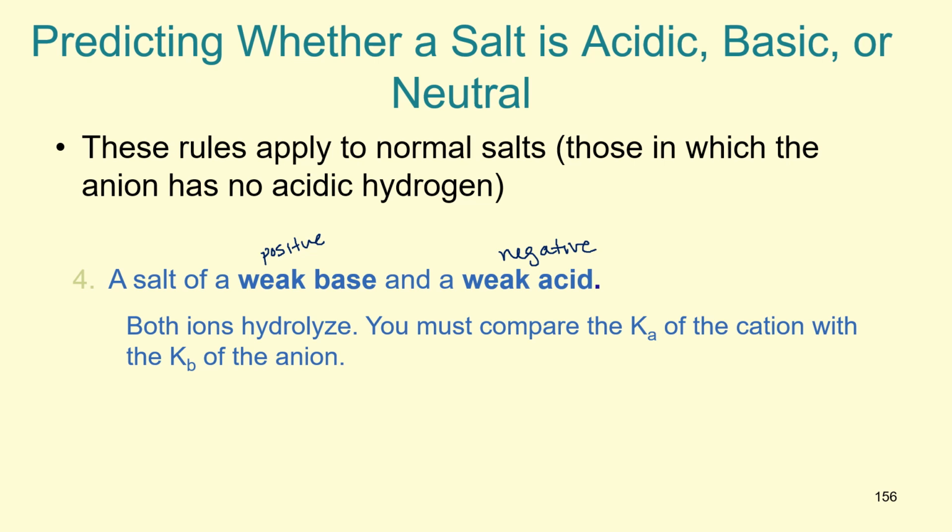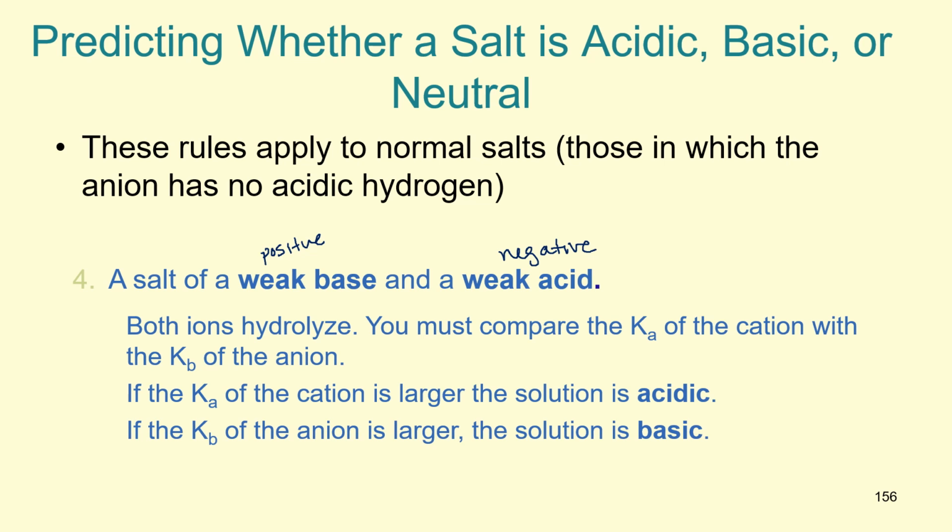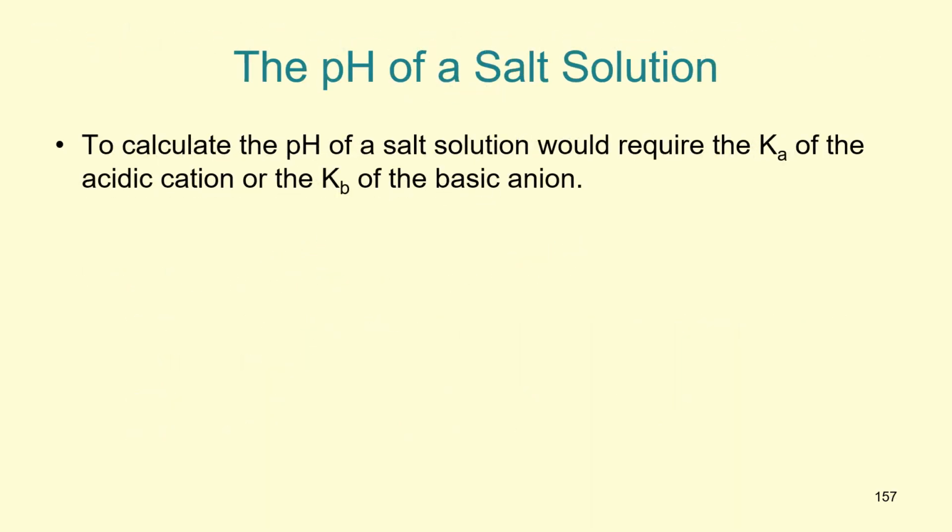So we have to compare the Ka and the Kb. If the Ka of the cation is larger, it's acidic. If the Kb is larger, it's basic. Probably not going to give you any of those. Just makes it more complicated. But you should know what that means.